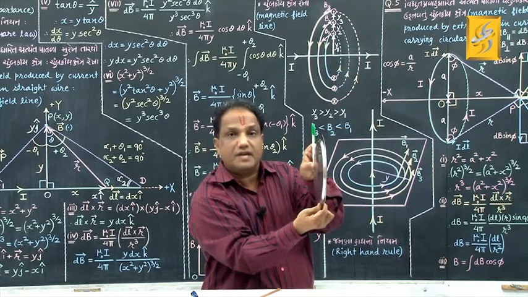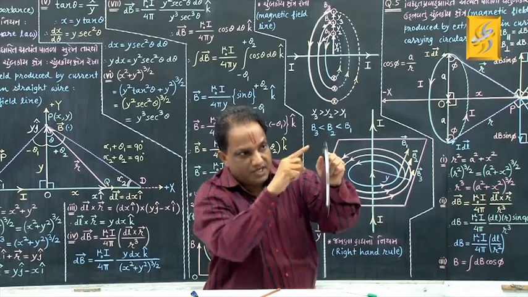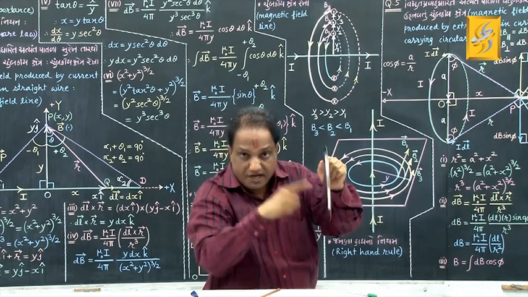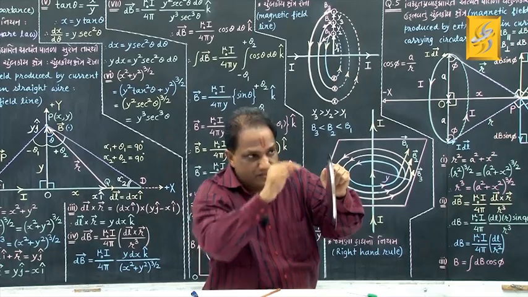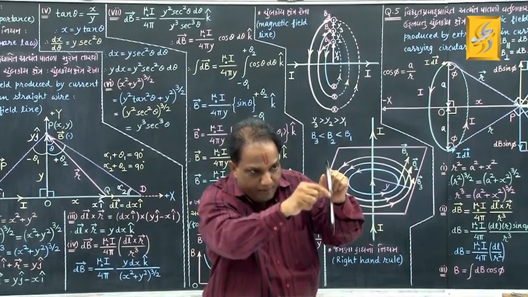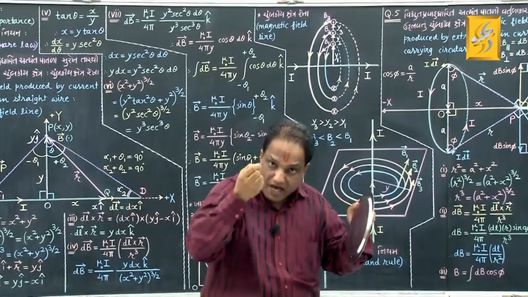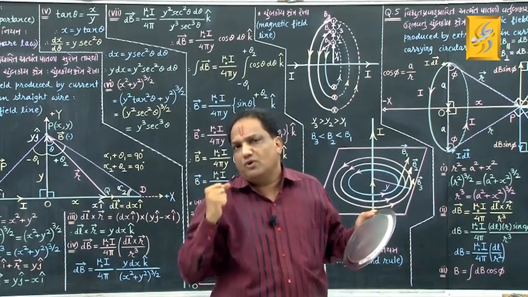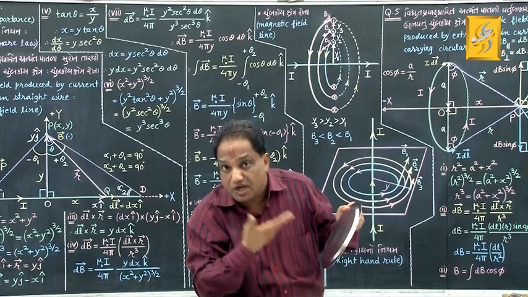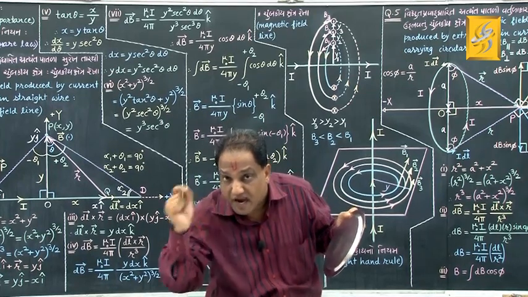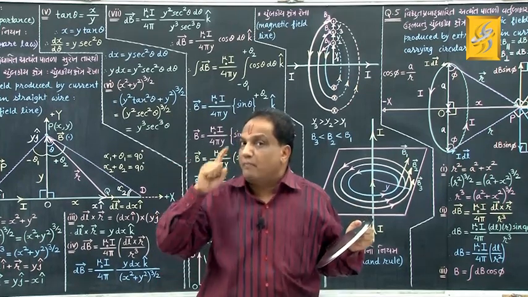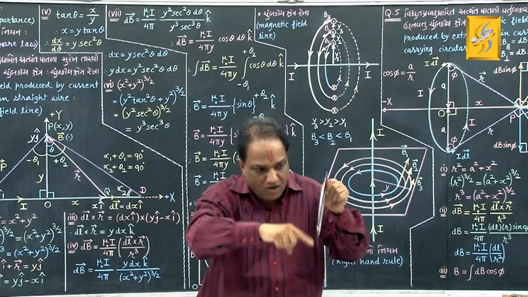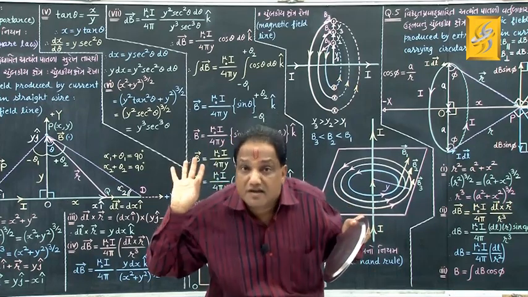vertically upwards, correct? So this is such a curve considered in the magnetic field such that the tangent drawn at every point on it gives me the direction of magnetic field at that very point. And according to definition, such a characteristic curve is known as a field line. At present we are talking about magnetic field, that's why this curve will be called magnetic field line.